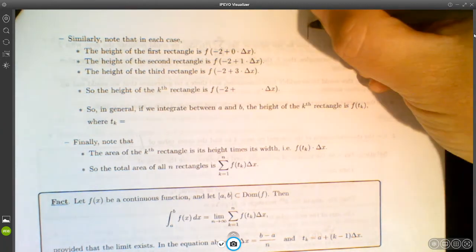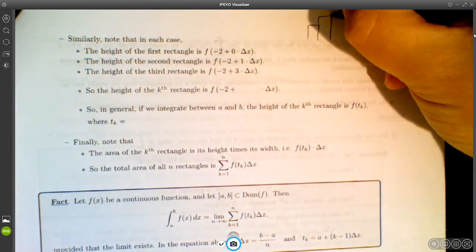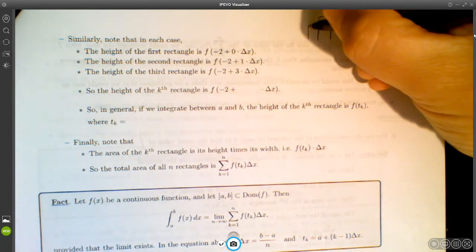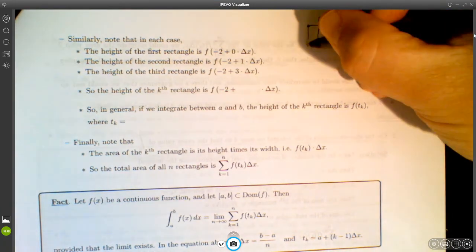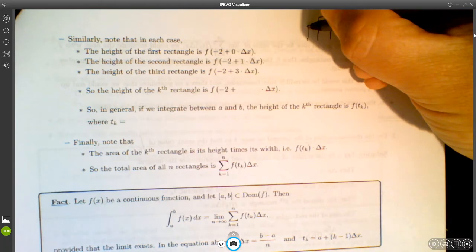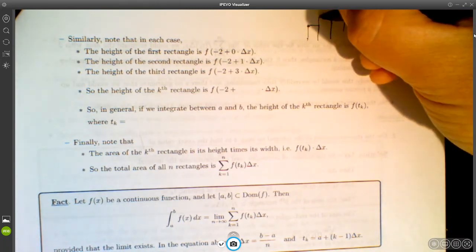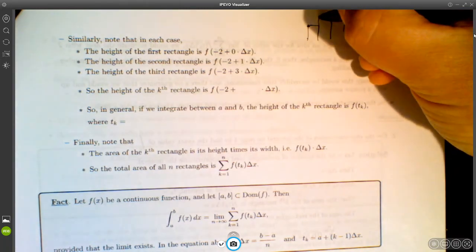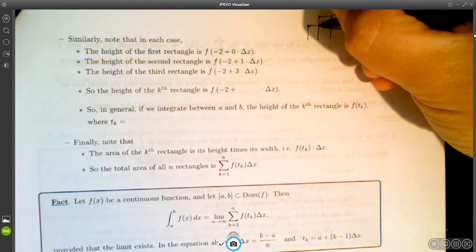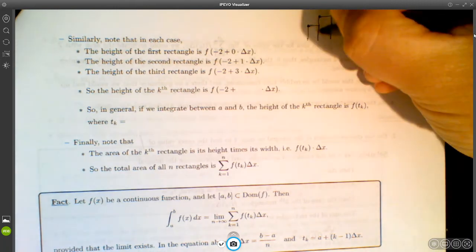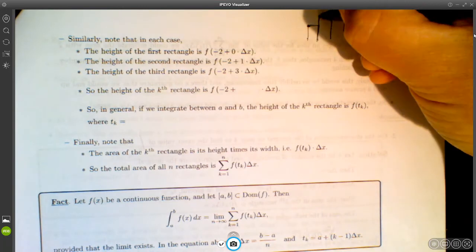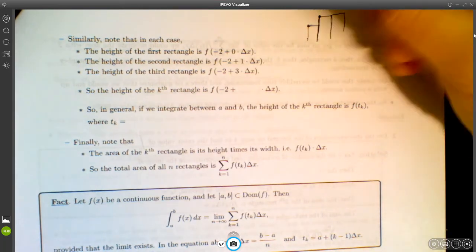because that's going to get you to the next rectangle, right? So if you're looking at a bunch of rectangles, what we're saying is that this first rectangle starts right at our endpoint of -2. The next height is our starting point plus the width of the first one. That gets us to this next endpoint, and we want the function value there to get the height of the rectangle.